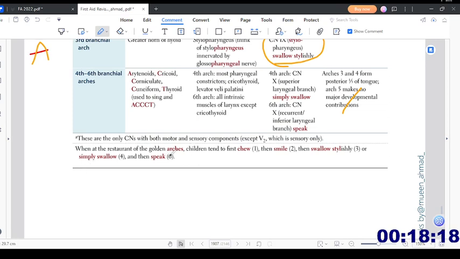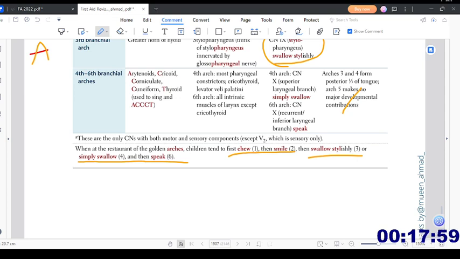At the restaurant of the golden arches, children tend to first chew, then smile, then swallow stylishly, and simply swallow, and then speak. So the first pharyngeal arch nerve will allow the children to chew, that is the mandibular nerve. The second arch derivative nerve will allow them to smile, which is the facial nerve.